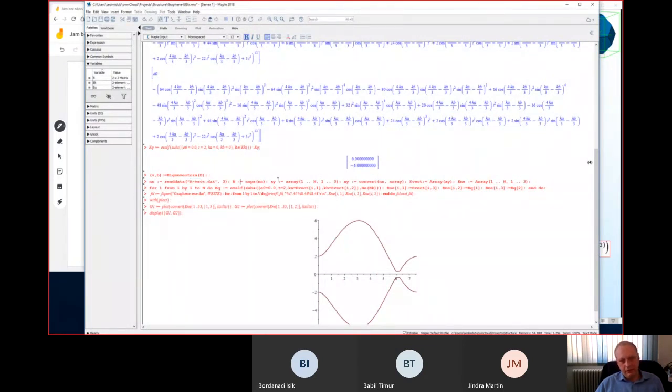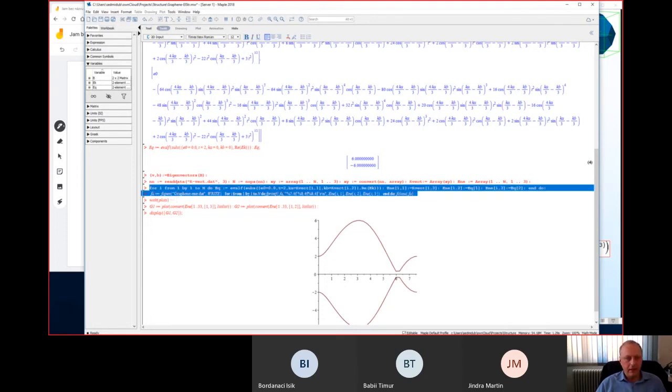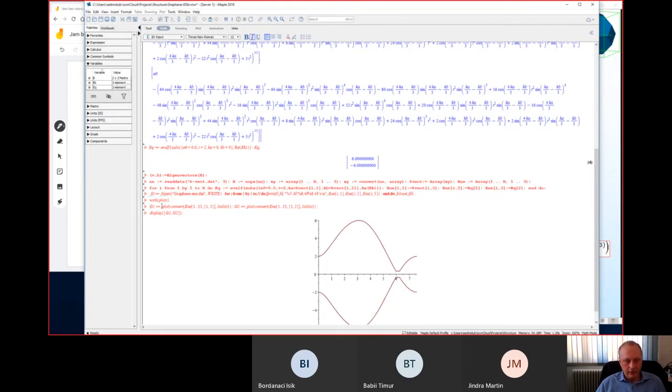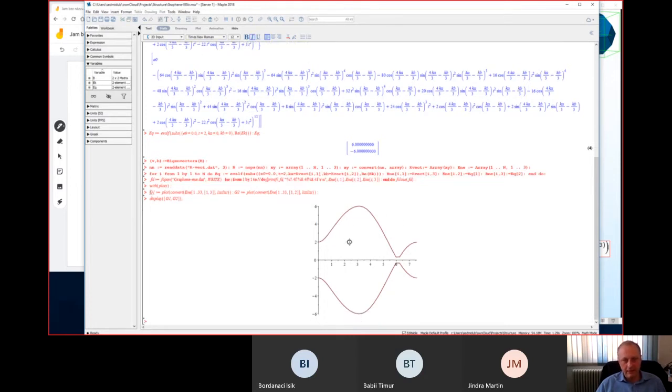Then we do some operations with this input data, and then we calculate for each k point we defined in the external file the corresponding eigenvalues, the energies, and then we can plot them. We can also write them in an external file and plot them in a separate plotting program. This is shown here, but we can also plot them directly here.